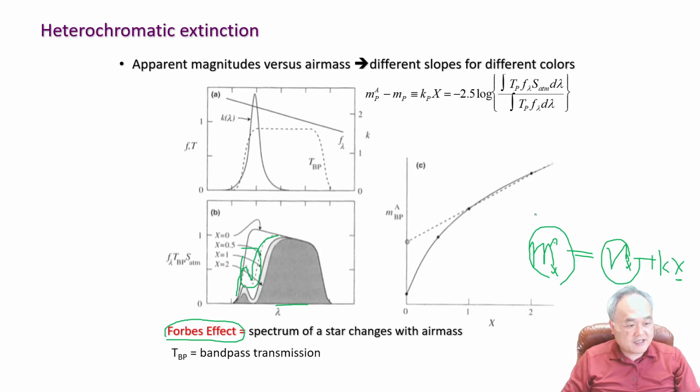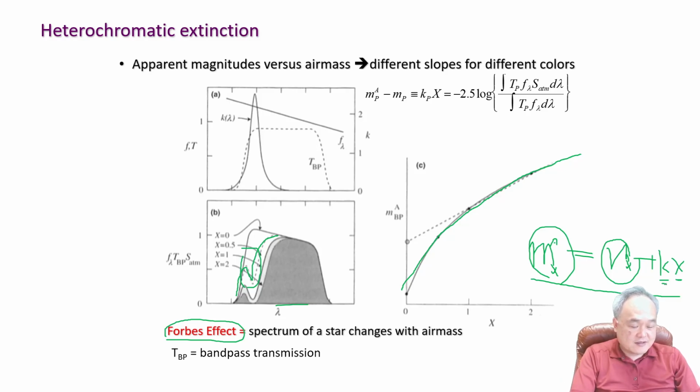And then the relationship is no longer linear. What you typically see is, instead of a straight line, a curved line, meaning that the relationship can no longer be approximated as a straight linear relationship against the extinction coefficient.